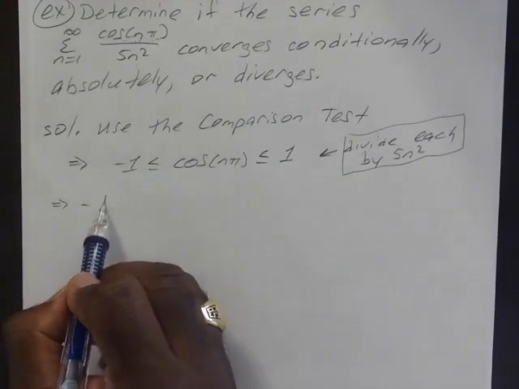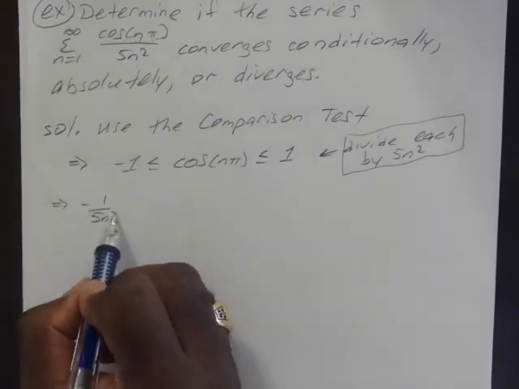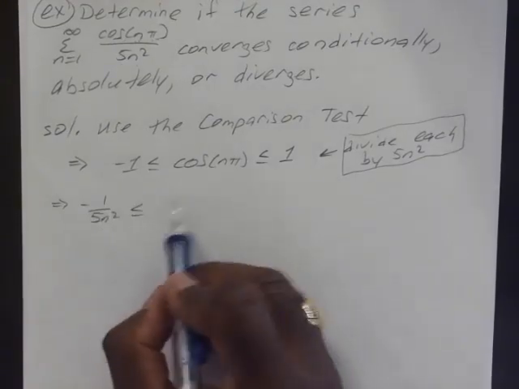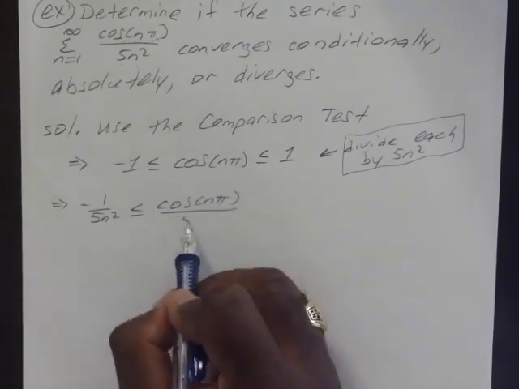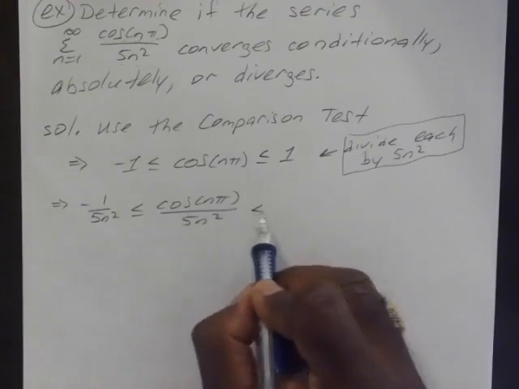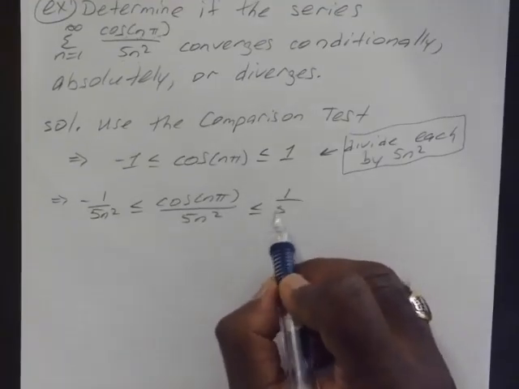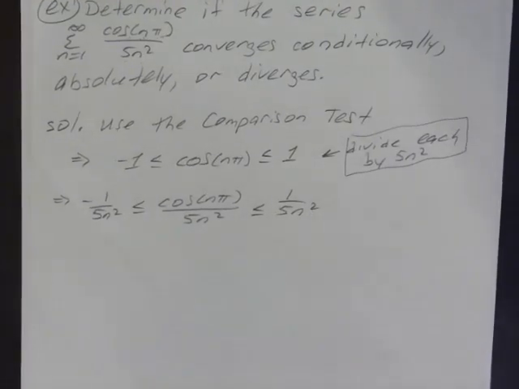That gives us negative 1 divided by 5n squared is less than or equal to cosine of n pi divided by 5n squared, which is less than or equal to 1 divided by 5n squared.